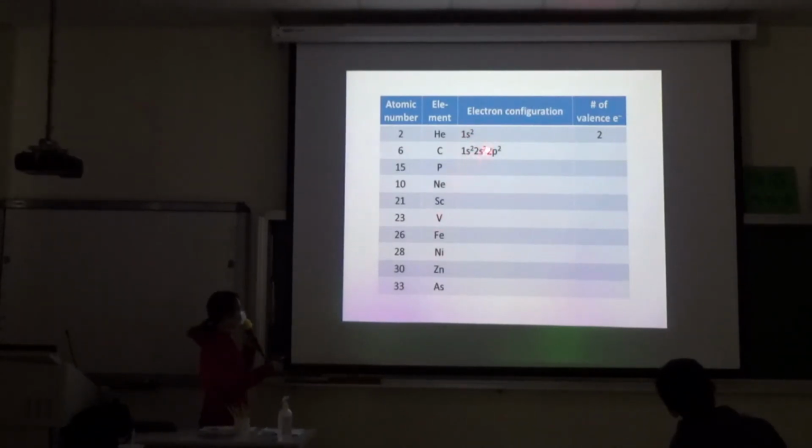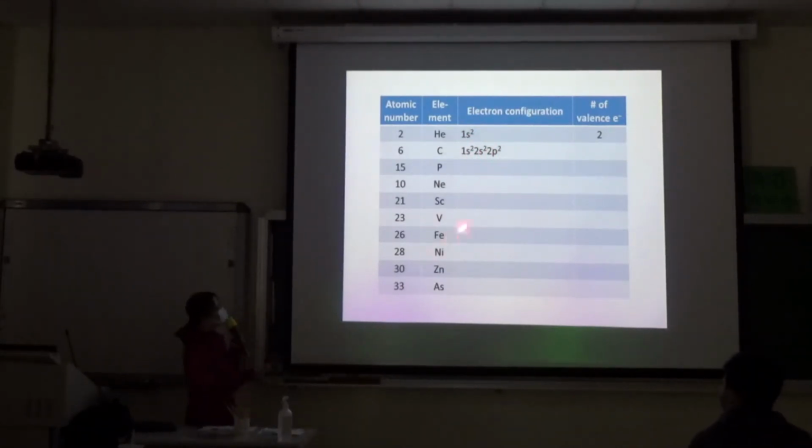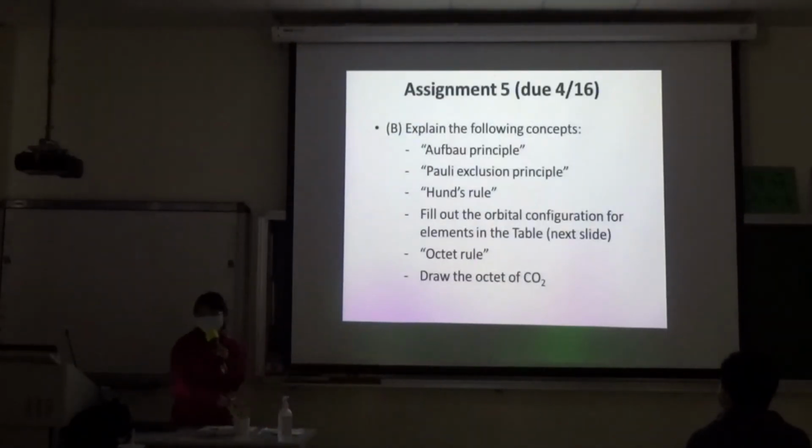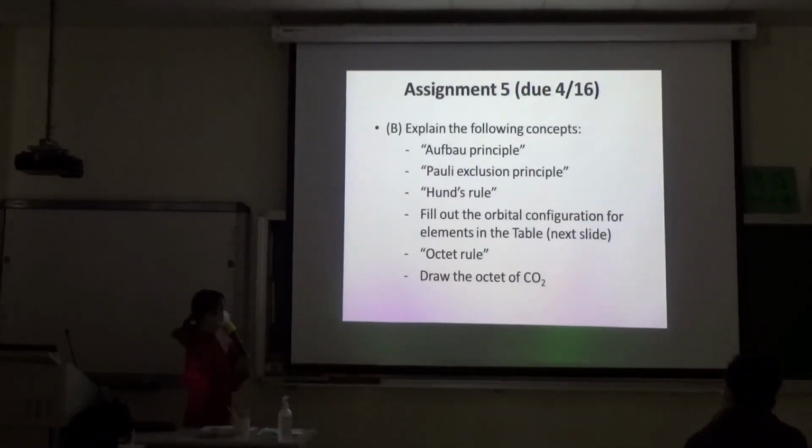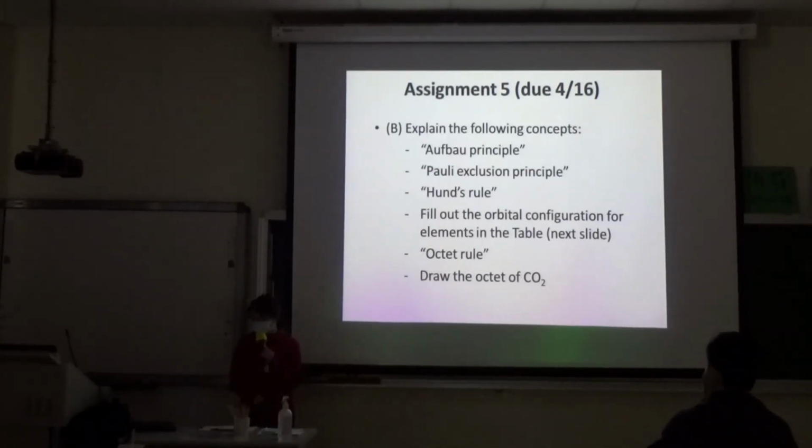Okay, 1s2, 2s2, 2p2, etc. And also tell us the number of valence electrons. And what's the octet rule? And draw the octet of CO2. Octet rule is 八隅体. Remember? Okay, so you need to draw the electron dots. Okay, class dismissed.